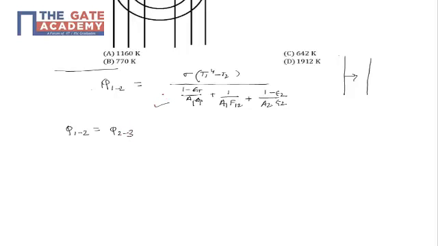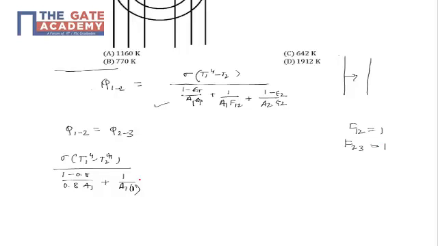Applying the same relation, we get sigma (T1 power 4 minus T2 power 4) by (1 minus 0.8) by 0.8 A1, plus 1 by A1 F12. F12 is the fraction of heat leaving 1 that reaches 2; it's all 1 because the cylinders are long, so whatever leaves 1 goes to 2 only. Similarly F23 is 1, since whatever radiation leaves surface 2 reaches 3. Then plus (1 minus 0.8) by 0.8 A2, which is between 1 and 2.